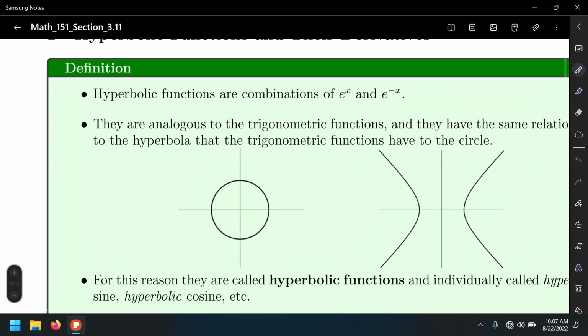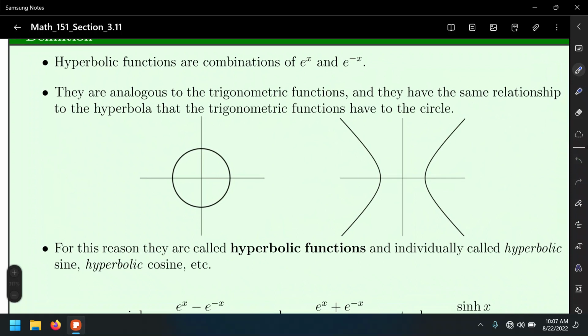For example, if we go back to the trigonometric functions, the two main ones are sine and cosine. Those two functions describe the points around the unit circle.